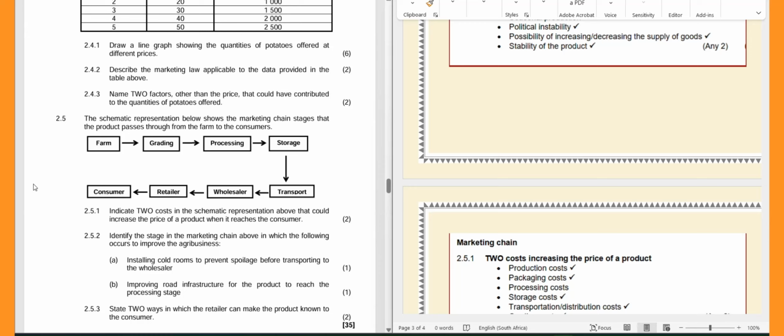Then we have the storage costs, because we are going to harvest, but not all of the products will just move the same day. Not all the produce will just move the same day and be transported to the market.